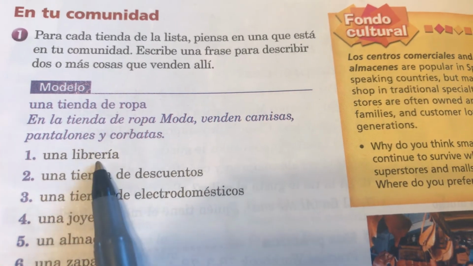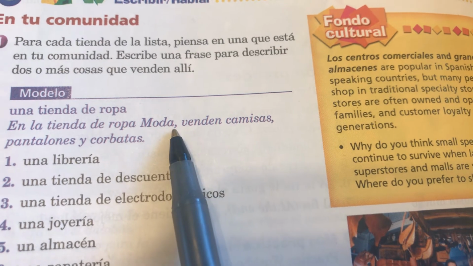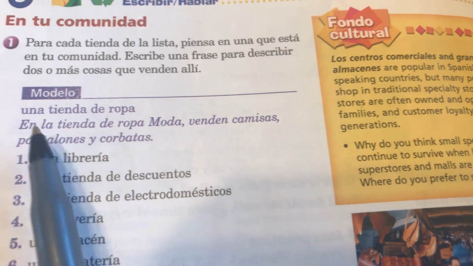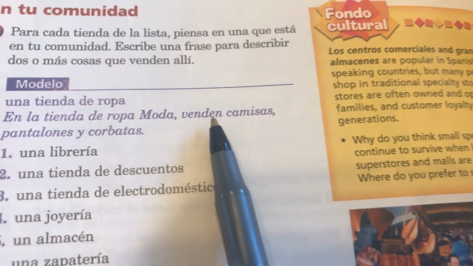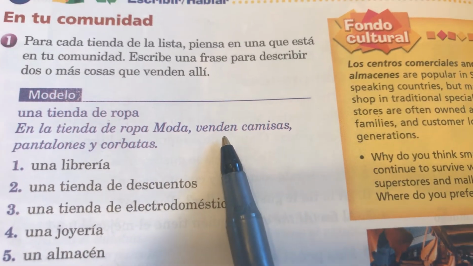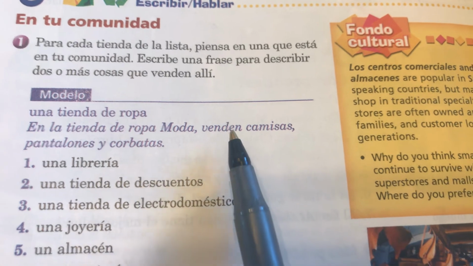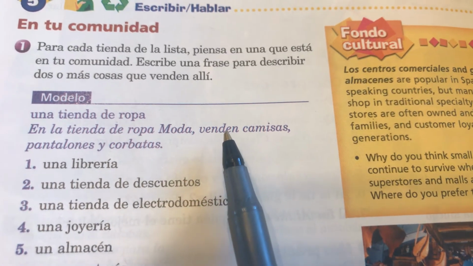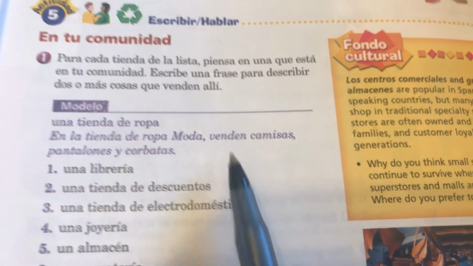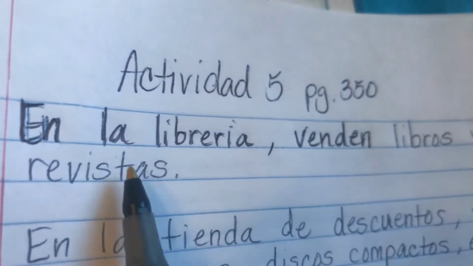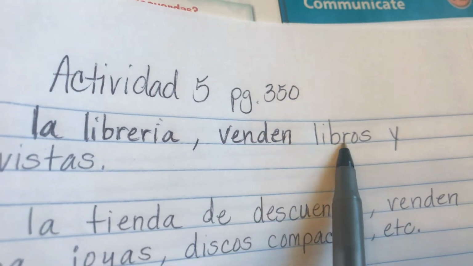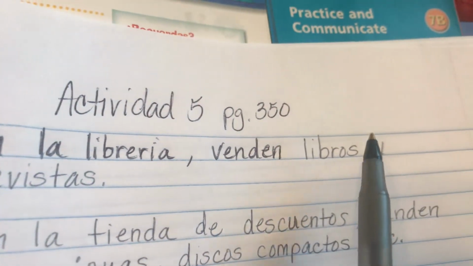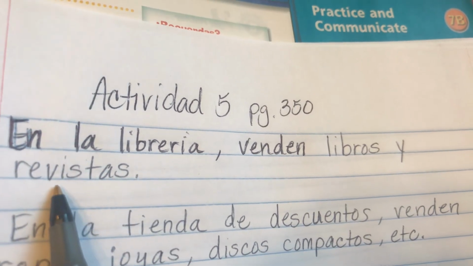En la librería, comma, because we don't have the name, en la librería, comma, venden, and then what would they sell at a bookstore? Libros, books, magazines, revistas. So your sentence can look like this. En la librería venden libros y revistas.